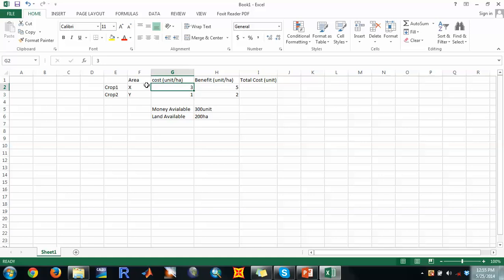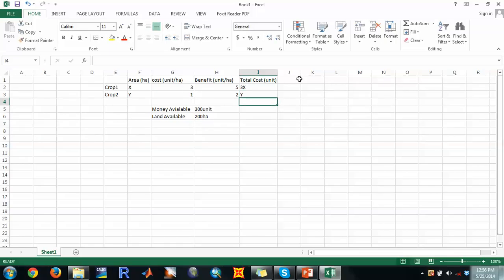The area is given in hectares, so if you multiply area by the cost, then we have the total cost of the crop. So the total cost of crop 1 is 3x, and the total cost of crop 2 is 1 times y, which is y.